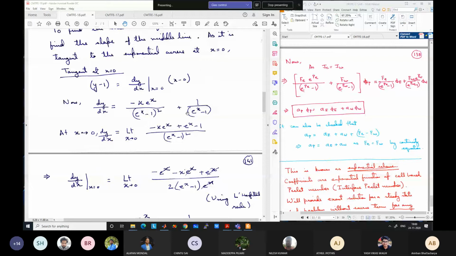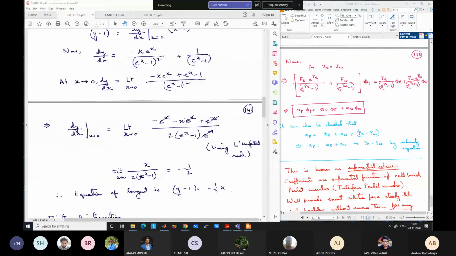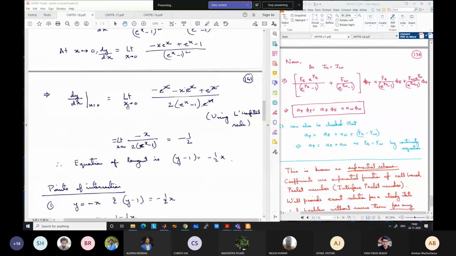Okay, so as x tends to 0, dy dx is equal to the limit x tends to 0 of this entire term, which can be simplified as, in the denominator I can take e to the power x minus 1 whole square, so automatically the numerator is minus x e to the power x plus, for this term, e to the power x minus 1. Just go through the calculation. So dy dx at x equal to 0 is equal to the limit x tends to 0.